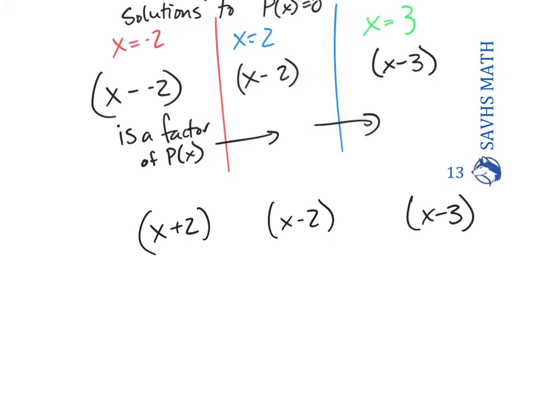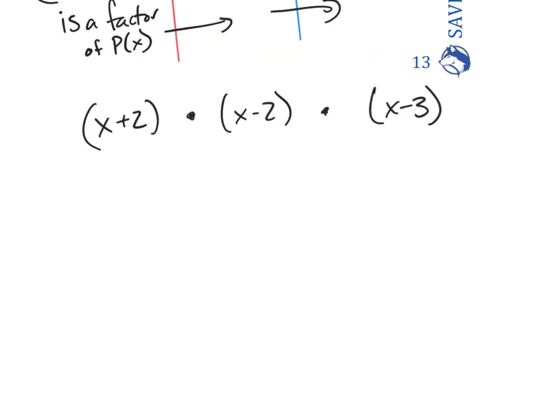Factors mean that you can multiply them. A factor is something that you multiply by to get to a certain thing. So these are factors of P of X, and so we can multiply them out to rewrite what that polynomial looks like.